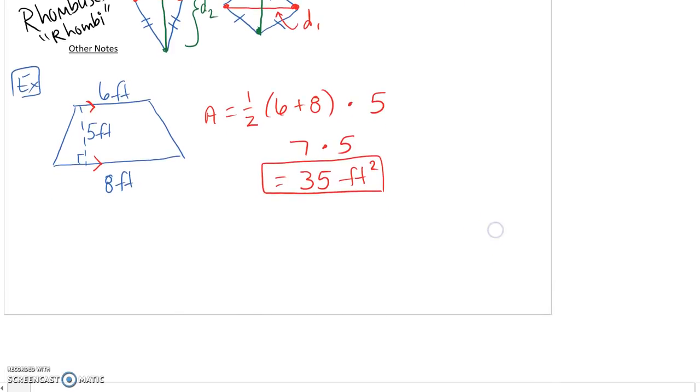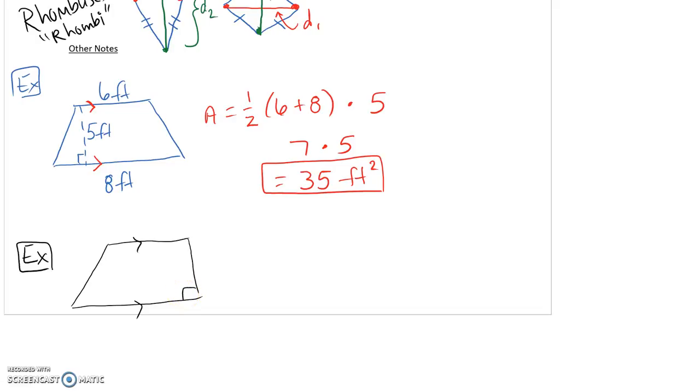What they're going to do a lot of times in the problem is give you enough information to figure out all of the numbers, but to not actually give you all the numbers that you need. So, for instance, here's my trapezoid. This is called a right trapezoid because it has a little right angle in it.